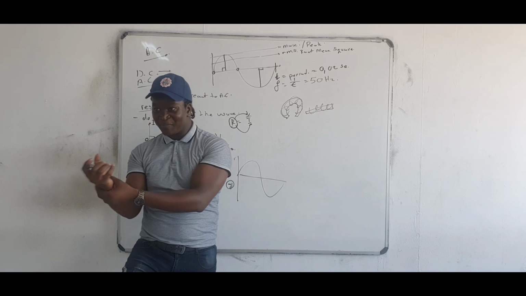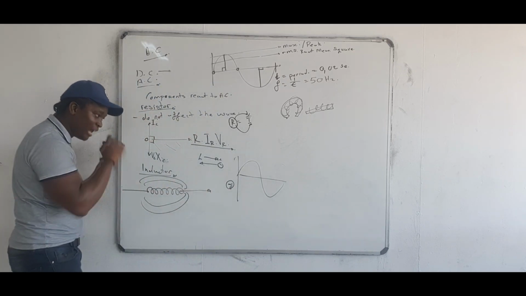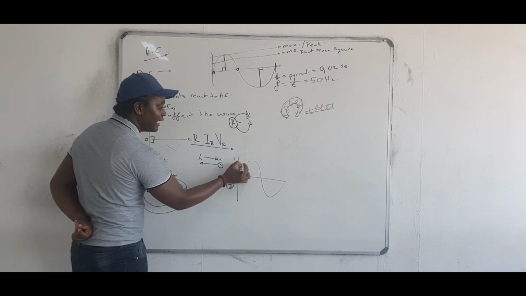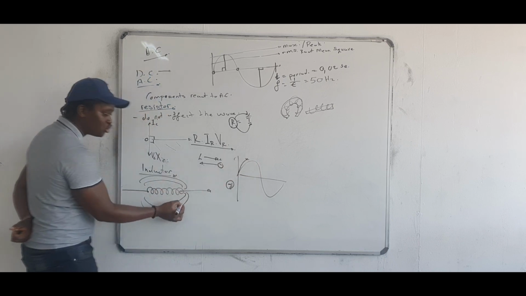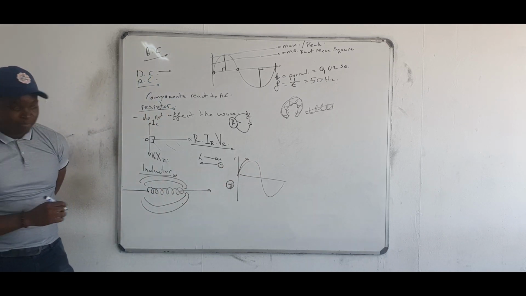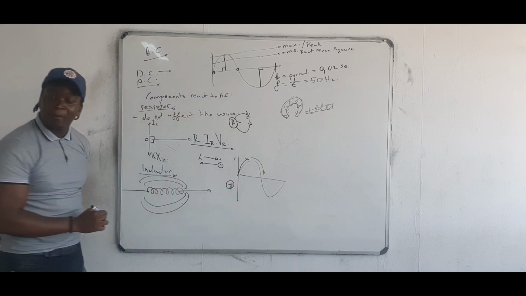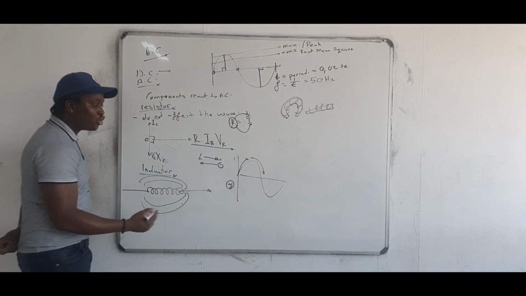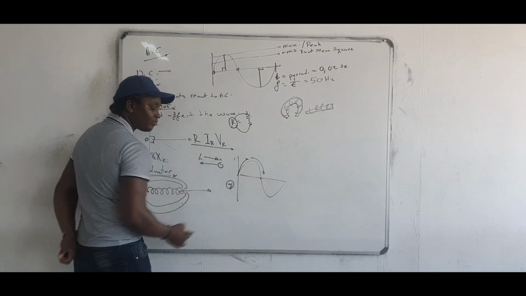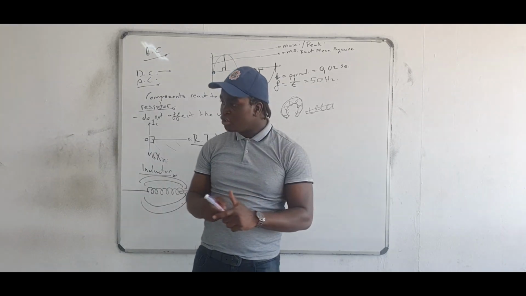So here's what's happening now. Your current increases, so does your magnetic flux. Your current reduces, so does your magnetic flux. And your current collapses.